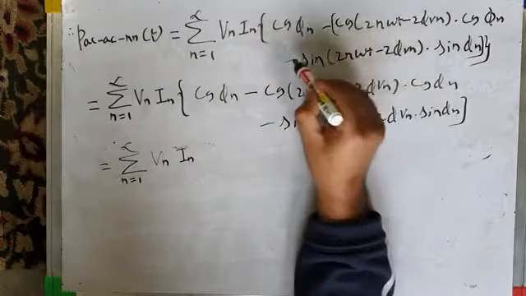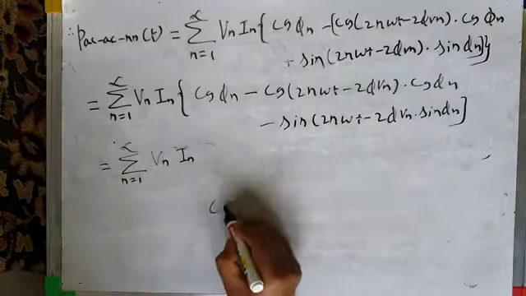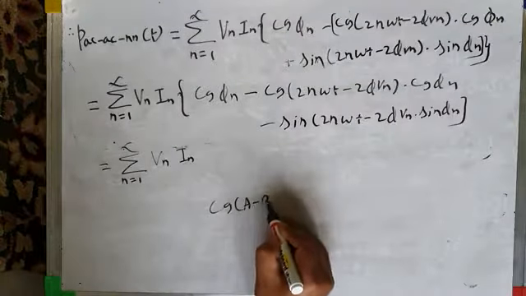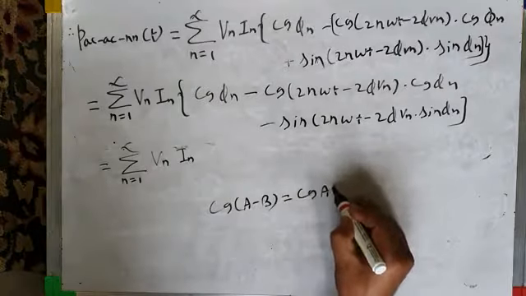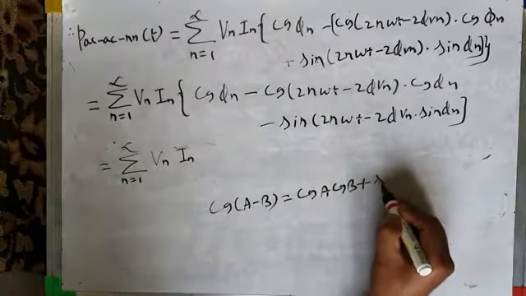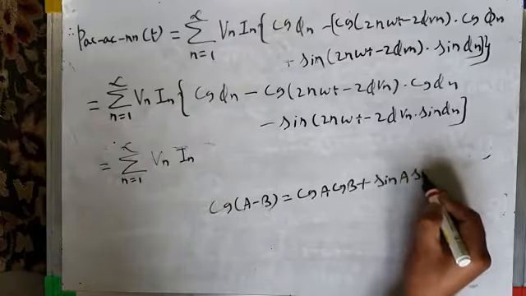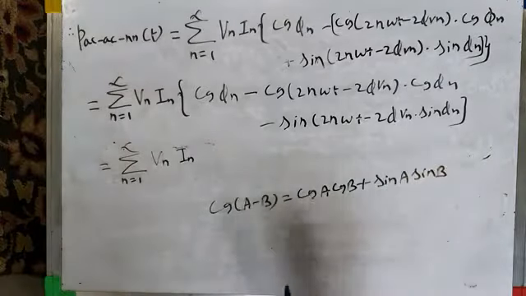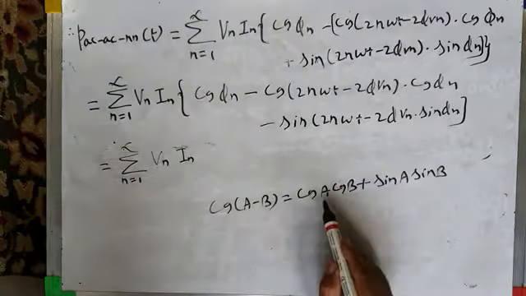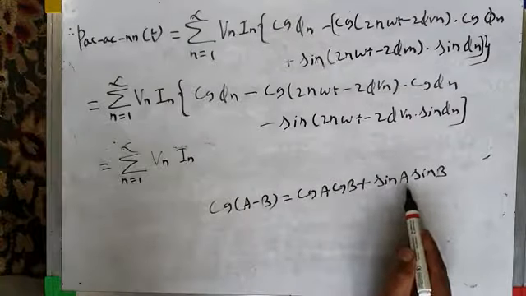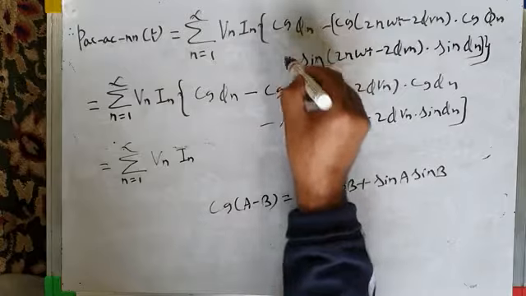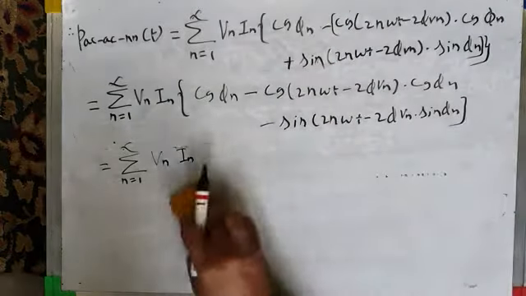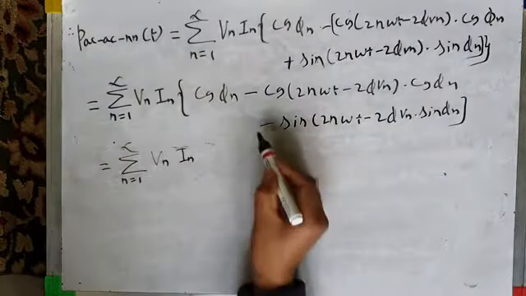Actually this is here plus, because I had written cos of A minus B equal to cos A cos B minus sin A sin B. It's actually cos A cos B plus sin A sin B. I'm sorry, there was a little bit of mistake previously. Cos of A minus B is cos A cos B plus sin A sin B, not minus sin A sin B. And because of that, if you take the minus outside, this term will become plus. So please make corrections. Then this will be minus.